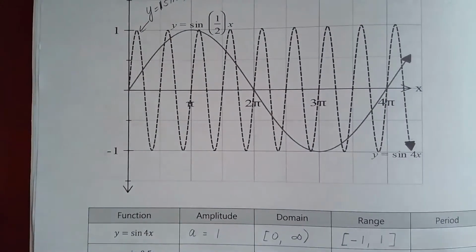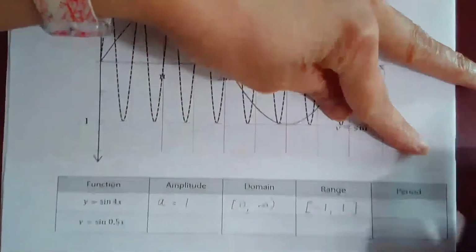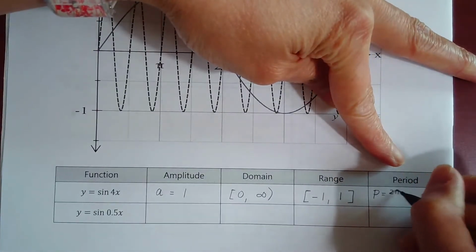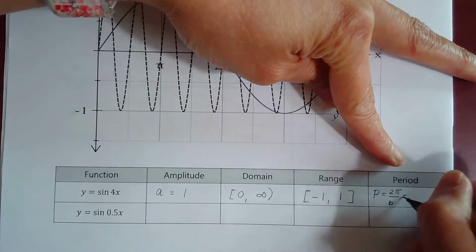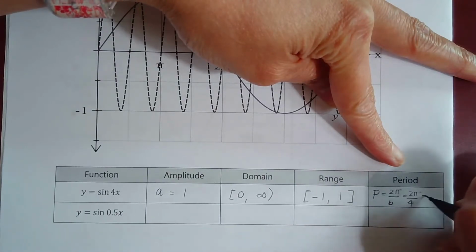Okay. Now here goes the period. We know that the b value is going to be 4. So period, I'm just going to write this down in here. P is equal to 2 pi over b, which is 2 pi over 4.